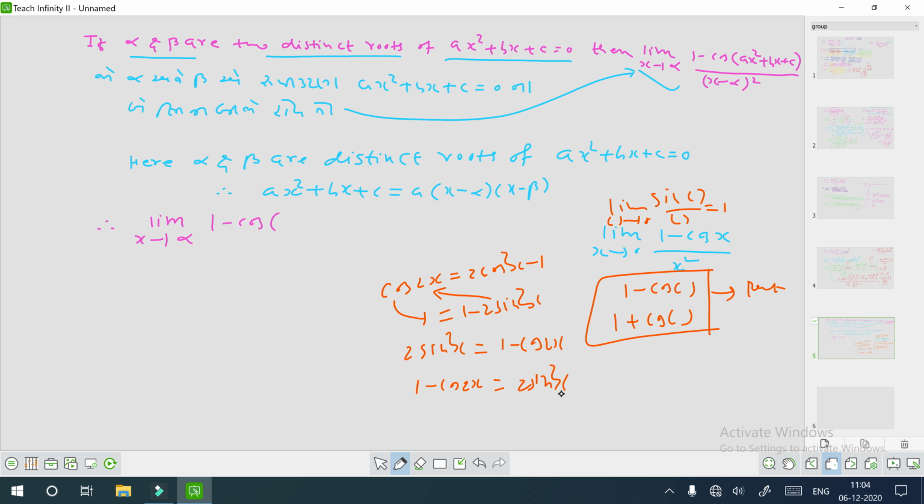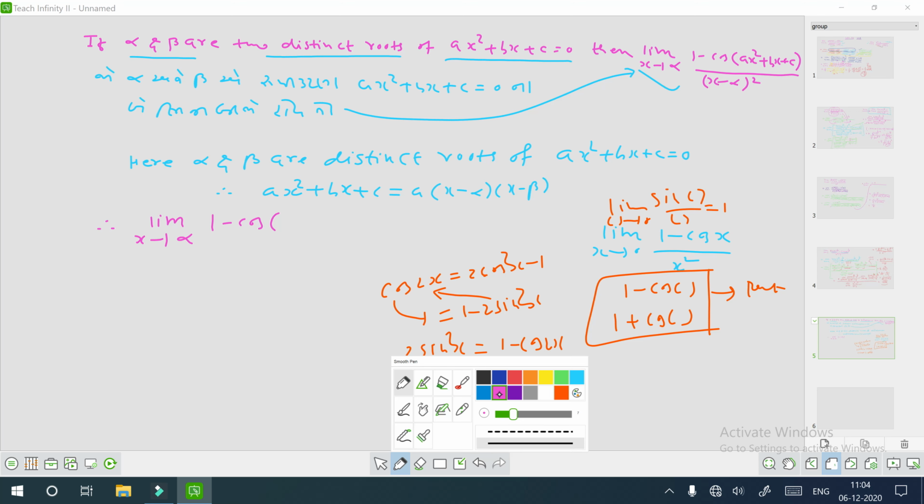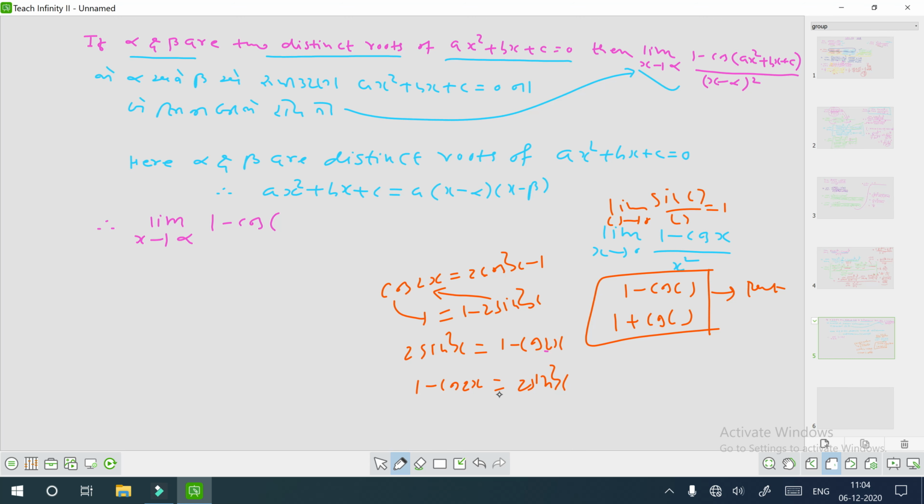So observe here. Here the angle is 2x and here comes half of that angle. So keep one thing in mind: 1 minus cos of some angle is equal to 2 sin square of that angle by 2.